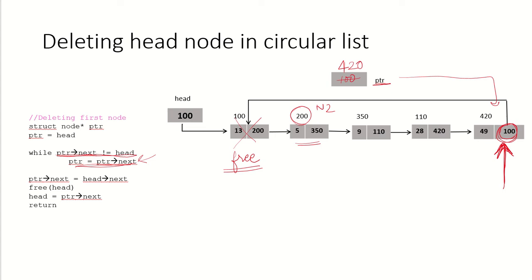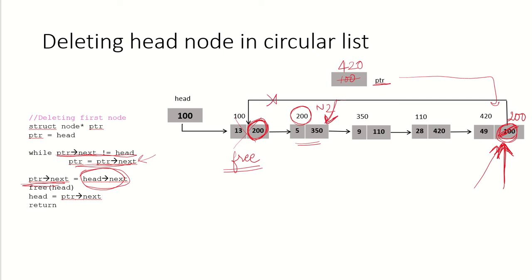The address of node 2 is available currently over here, which is given by head arrow next. So PTR arrow next, that means this value, if we make it equal to head arrow next, so this will be updated to 200. So this node, the last node, is now pointing to the second node.